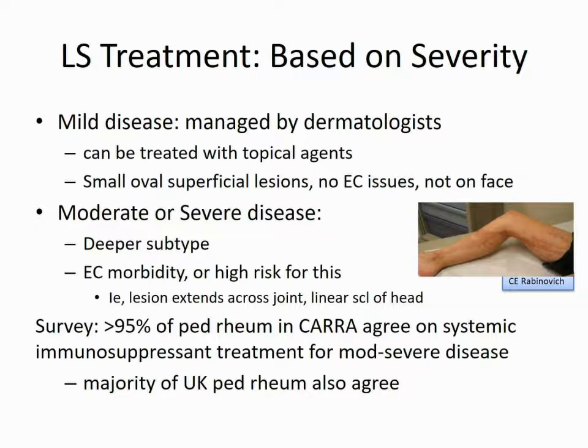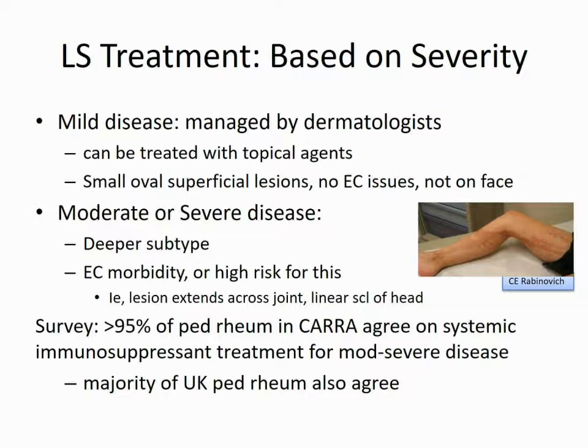Moderate to severe disease is a deeper subtype, which includes linear, generalized, mixed morphea, and pansclerotic. This is associated with more extracutaneous morbidity. Also, if you have lesions spanning a joint, or a lesion on the head, we're typically worried that it will be associated with extracutaneous involvement, which has just not become apparent yet.